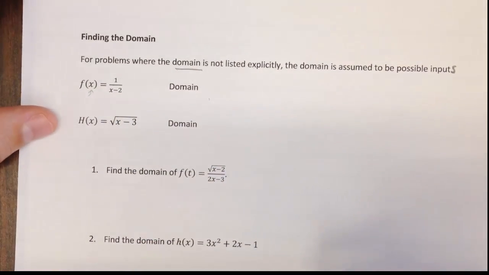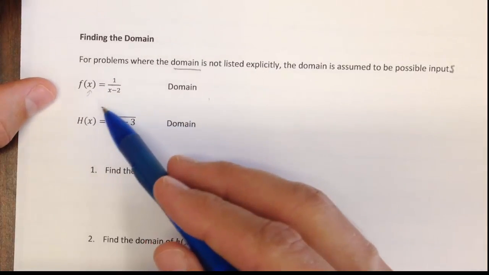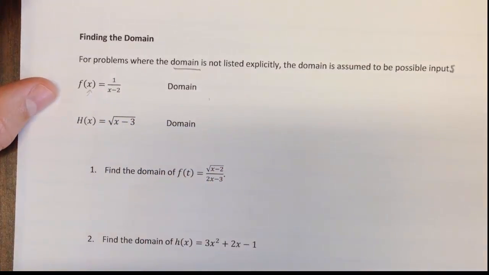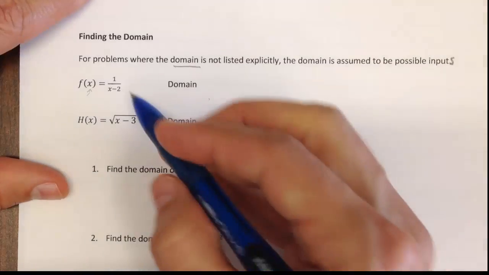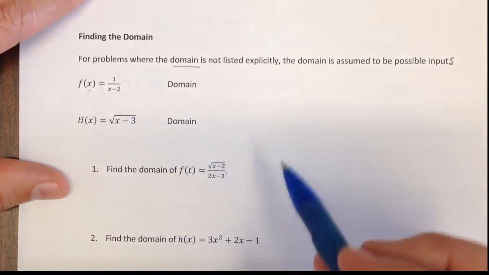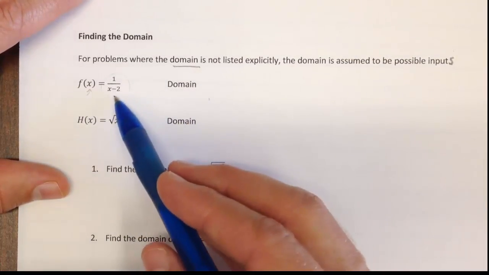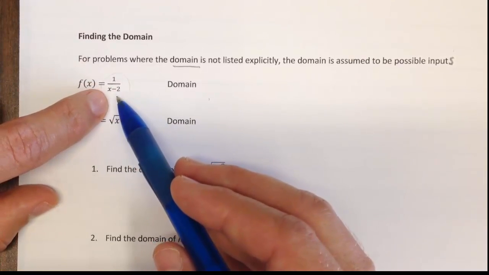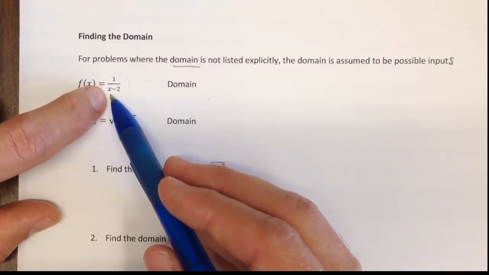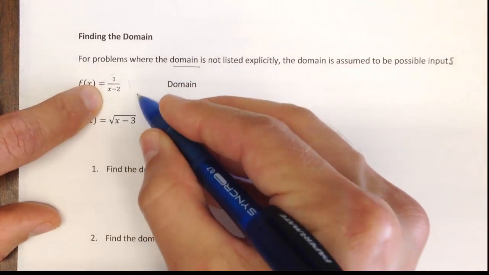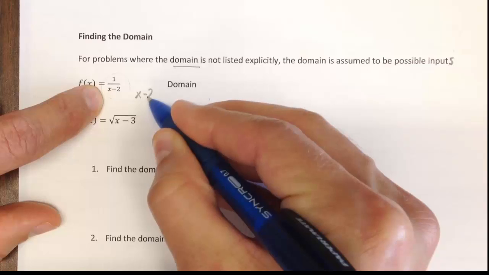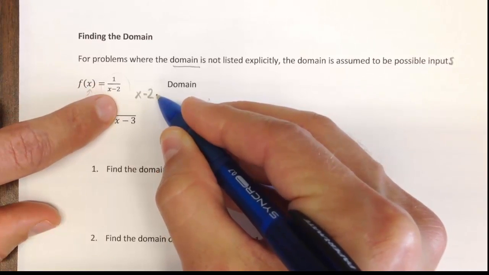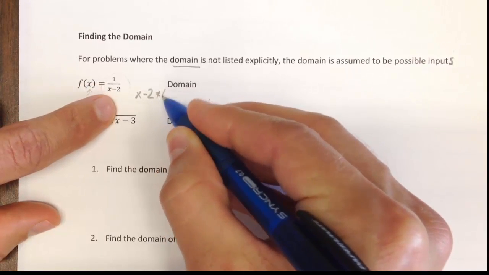But by trying to do all of the inputs one by one, you're going to go forever. So let's ask, well, where would a problem be? What would be an impossible input? Well, in a fraction, the only thing that would be impossible typically is dividing by 0. So what we need is x minus 2 to not be equal to 0.